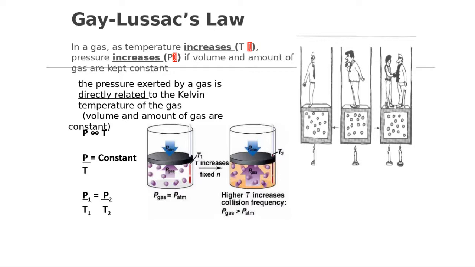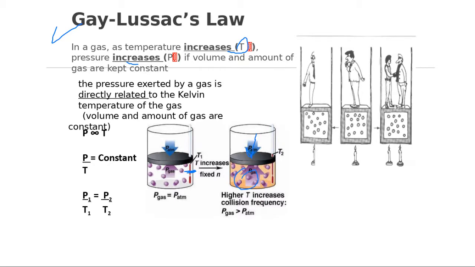Let's talk about Gay-Lussac's law. Gay-Lussac's law makes a relationship between the temperature and the pressure. He said that if I have a container that contains particles of gas, and then I start to increase the temperature of this gas, the pressure will increase.